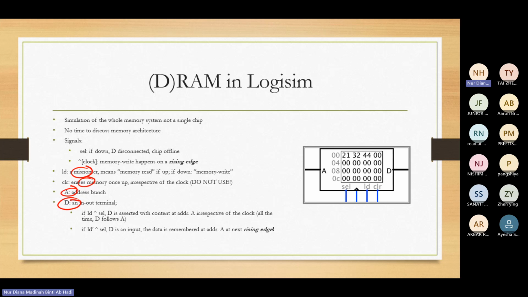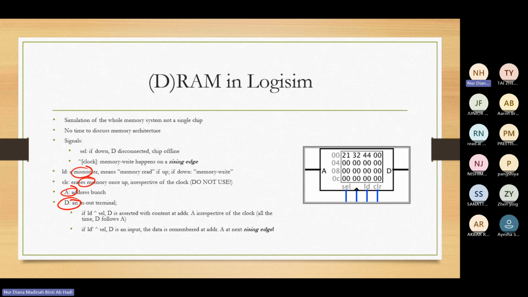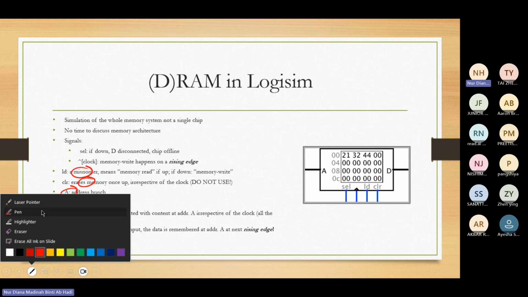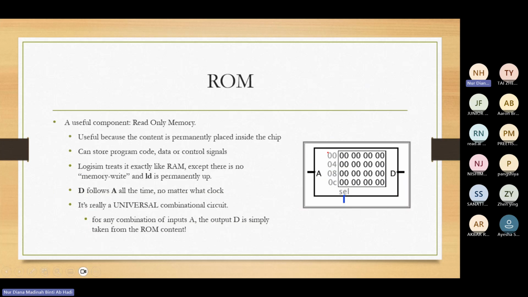So next, ROM. ROM is actually a useful component, whose full name is read-only memory. The difference between ROM and RAM is the components illustrated in the pictures. As you can see, RAM has CELL, LD, CLR, and AD, but ROM only has AD and CELL.